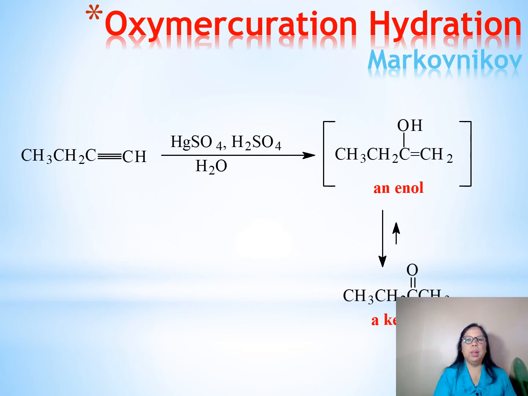Oxymercuration. Oxymercuration, it is the addition of mercuric sulfate, sulfuric acid. So what will happen first is the formation of enol. So breaking this first to make it a double bond.